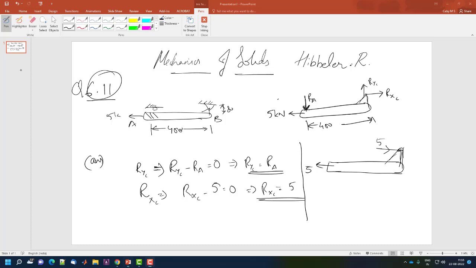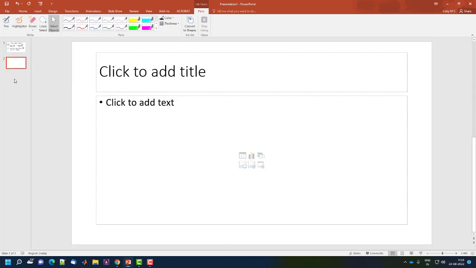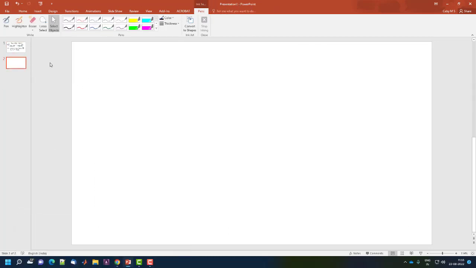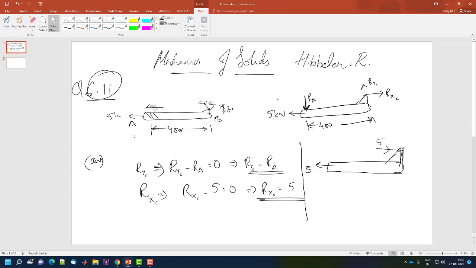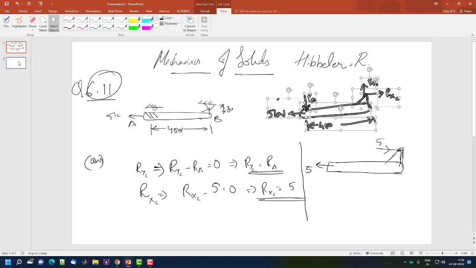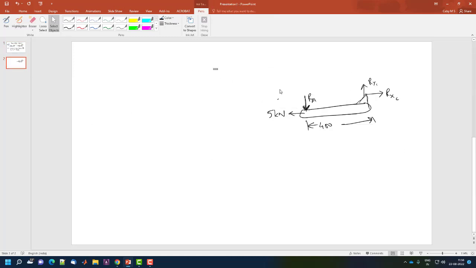In order to find this unknown, we have to use the moment equilibrium. So I'll just choose the moment equilibrium about this particular point C. Sigma MC is equal to 0.